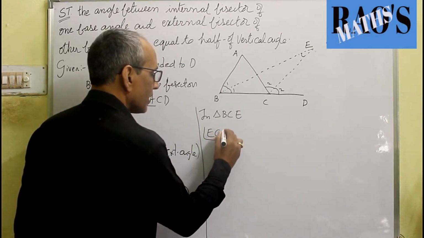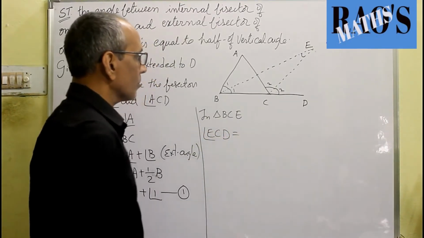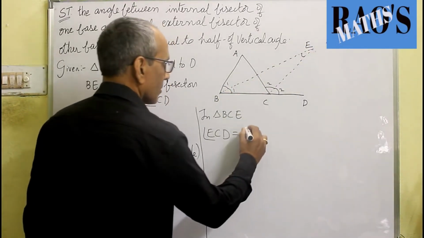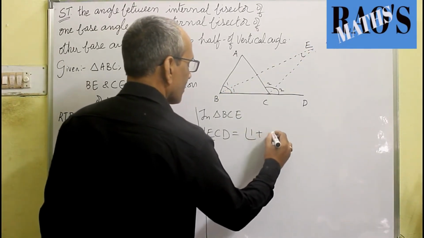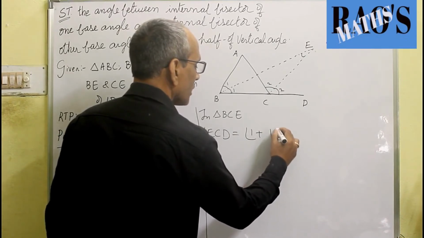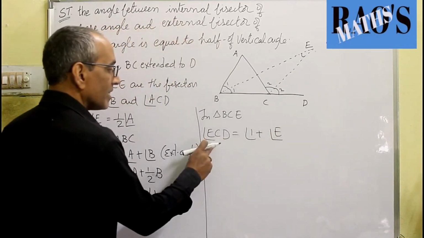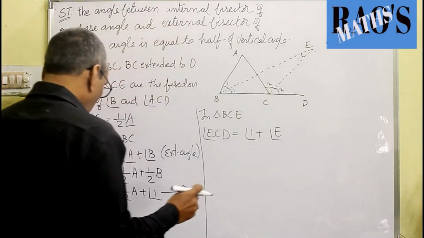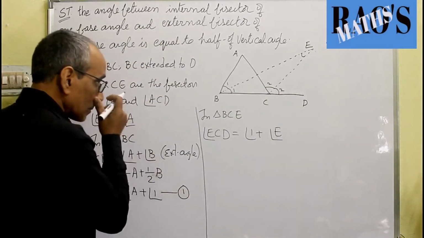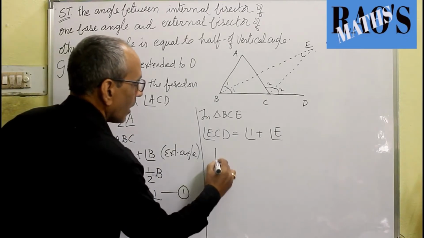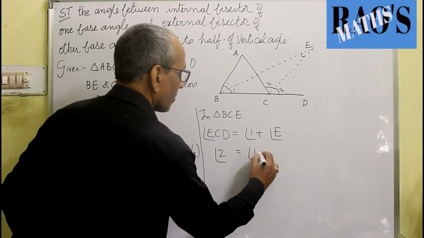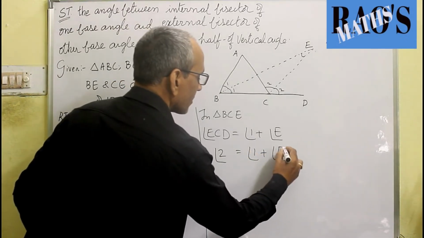Angle ECD is equal to angle 1 plus angle E. What is ECD? By marking, it is 2. Therefore, angle 2 is equal to angle 1 plus angle E.